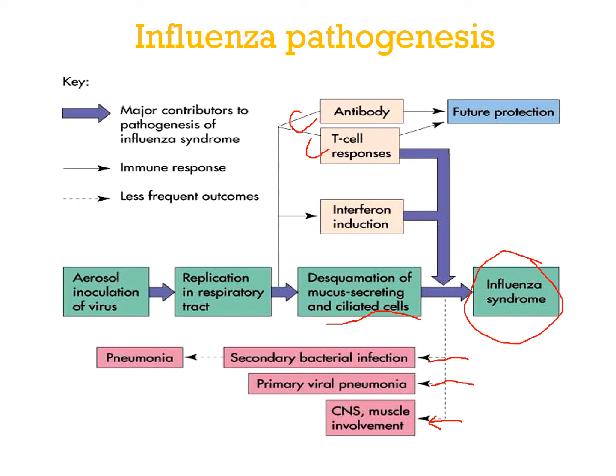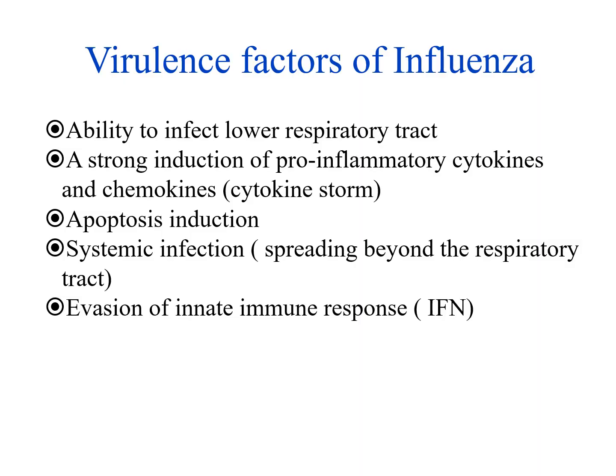Also, T cells are going to target intracellular viruses which infected the cells, as they are going to be targeted by the CD8, which is going to lead to killing of the virally infected cells.